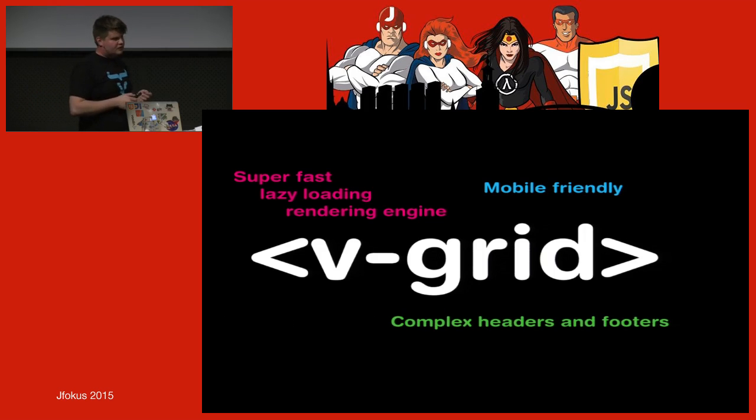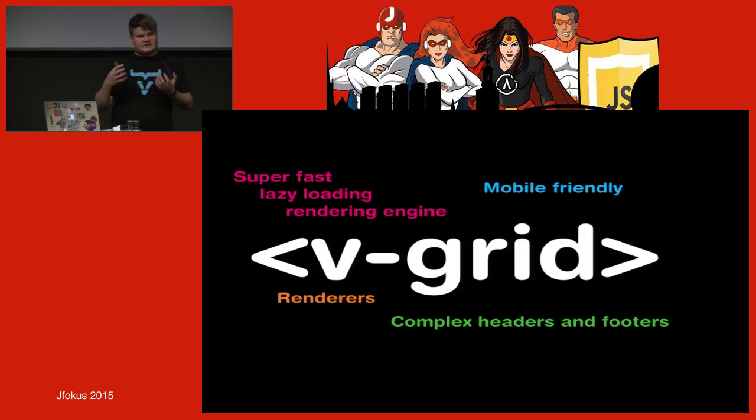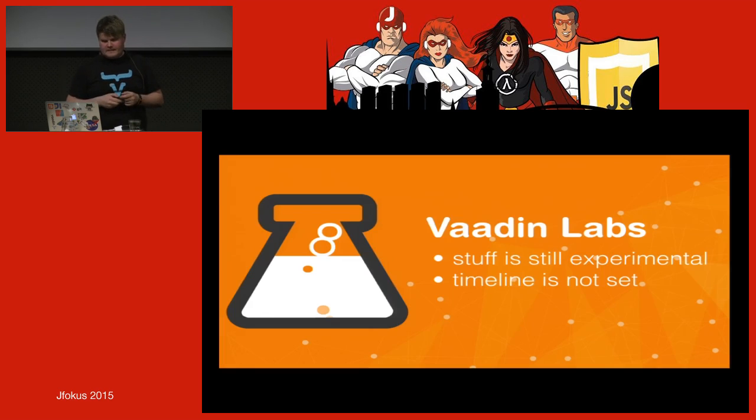You can have multi-level headers, footers, you can put components in those headers, footers. You can render inside any of those cells. So you can basically render complicated stuff like graphics inside each of these cells in a really high performance manner because we are reusing the DOM nodes. And you can even put widgets inside over there.